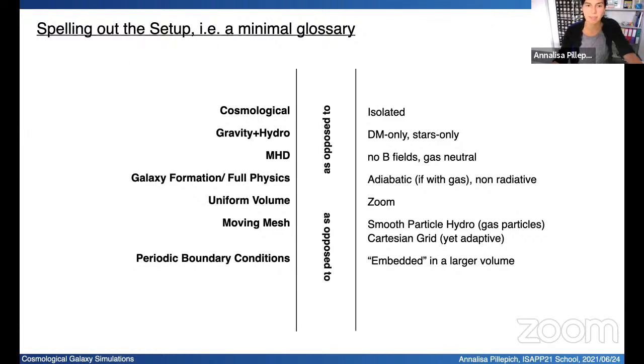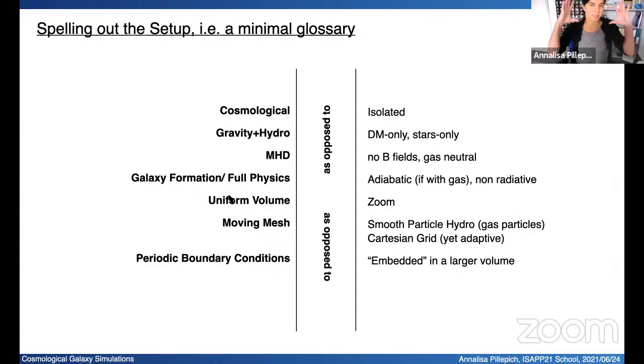And now you know that cosmological, as opposed to isolated; gravity and hydro, as opposed to dark matter only; magnetohydrodynamics, as opposed to simulations that don't care about magnetic fields; including galaxy formation, including cooling, including feedback from stars, star formation, stellar evolution, etc.